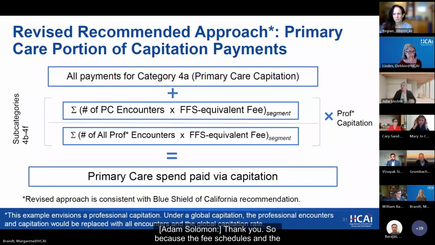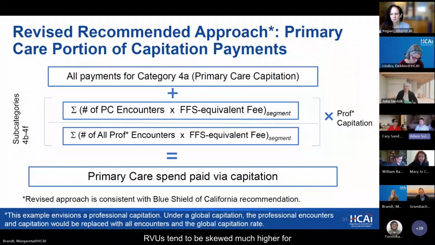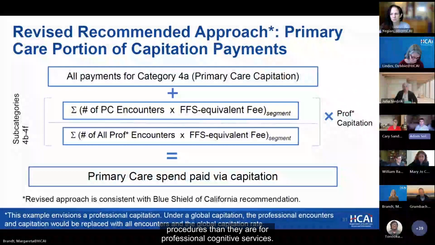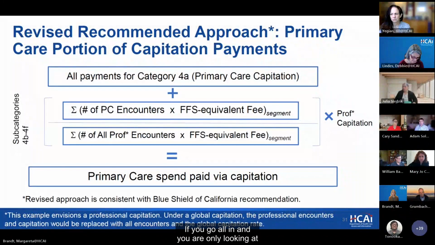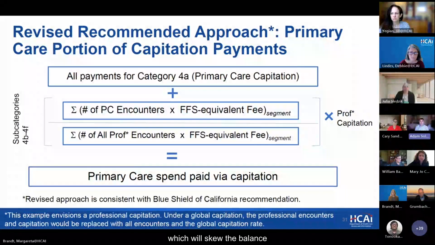Thank you. Because the fee schedules and the RVUs tend to be skewed much higher for procedures than for professional cognitive services, if you're only looking at encounters, and saying encounters means any billable code, then in essence you're not including the non-billable services that we're trying to get to the bottom of, but you are including higher cost procedural codes, which will skew the balance toward or away from primary care.